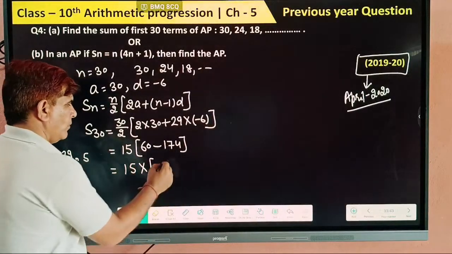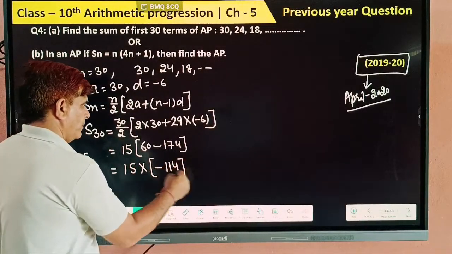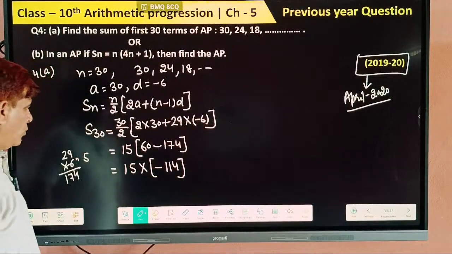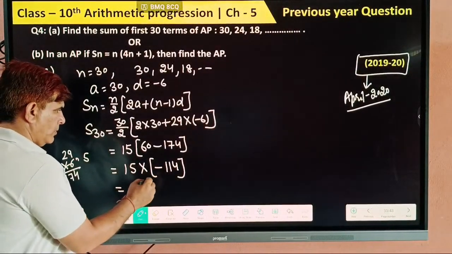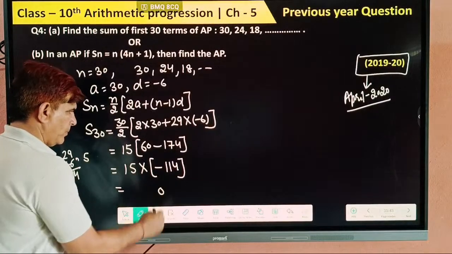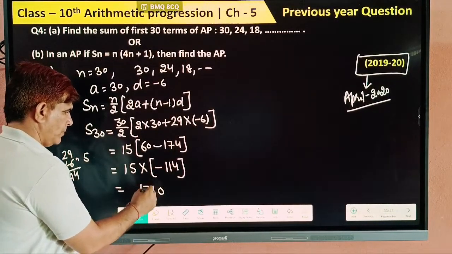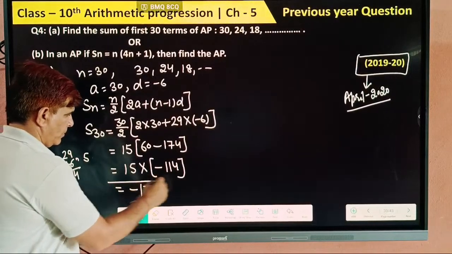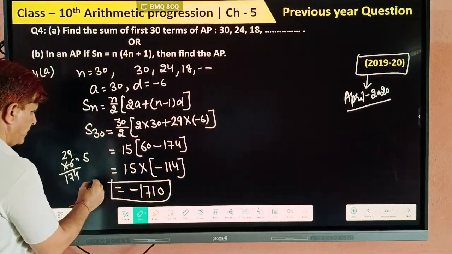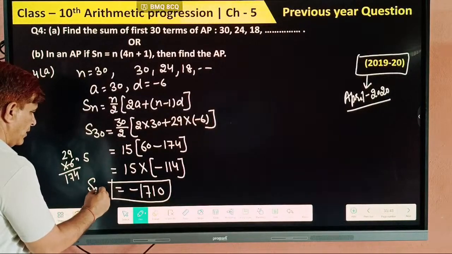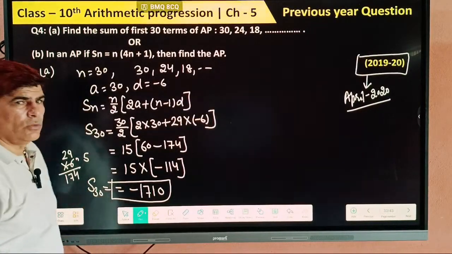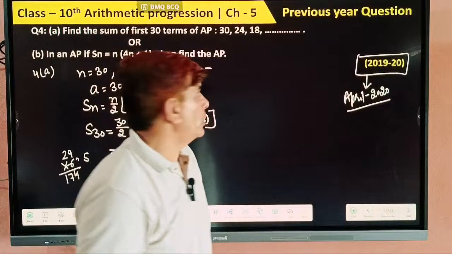Minus 114. Multiplication. So what's your S30 equal to this? Got this?